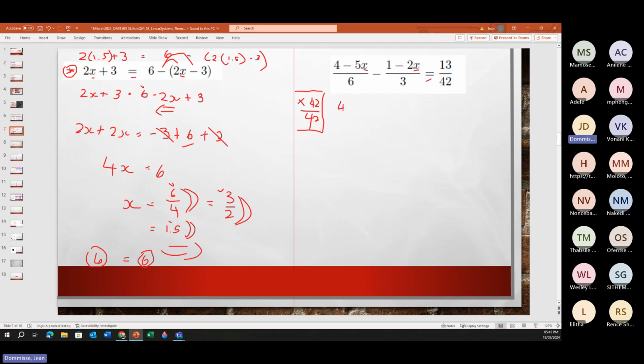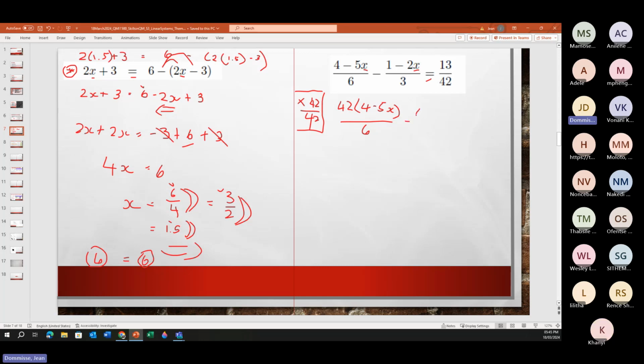Okay, so in the brackets, 42, 4 minus 5x. For now, I'm just going to put down the whole equation that we're working with, and we can simplify.